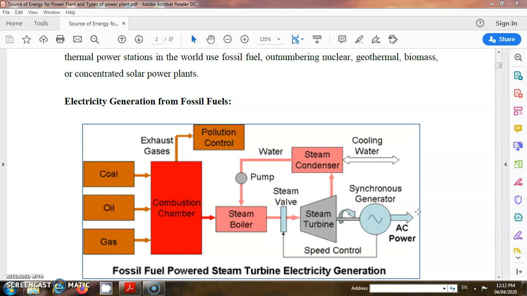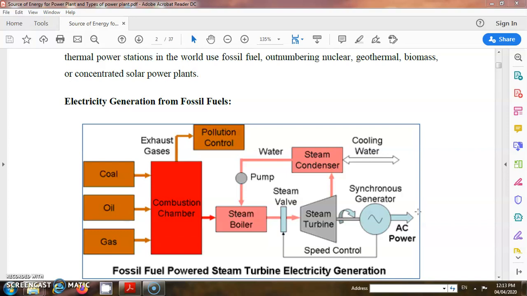And the fuel required for working of the steam boiler is generally coal in the case of large capacity power plants, and sometimes for low capacity power plants or sugar factories, we use bagasse as fuel in the boiler.